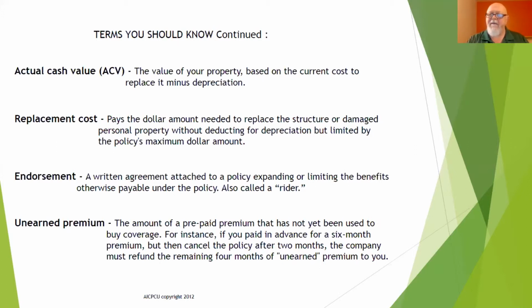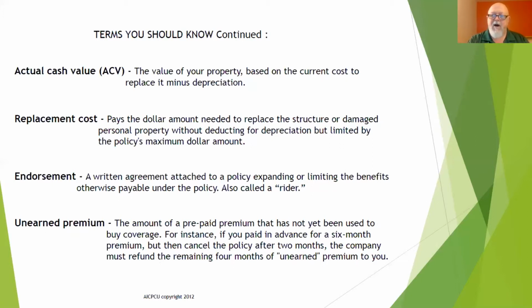So if you have a dining room set that has a 20-year life expectancy, and they've had it for 10 years, if they bought it for $1,000, it's now worth $500 because it's gone through half of its estimated life expectancy. So the insurance company is going to pay you $500 for that $1,000 item.